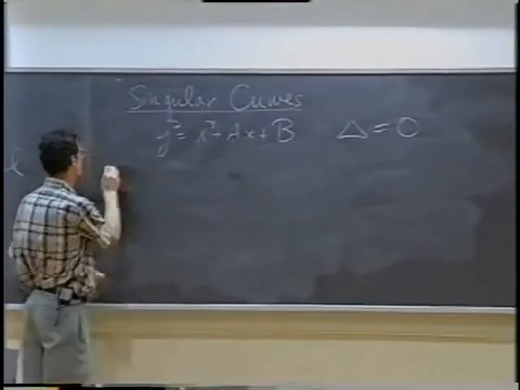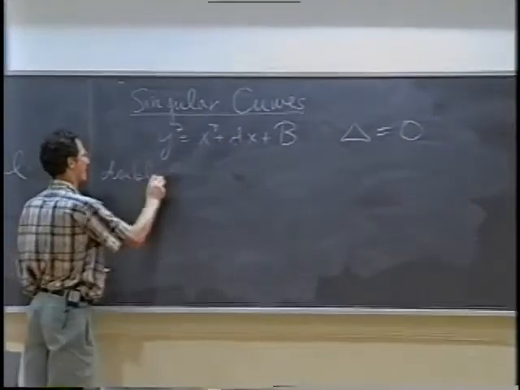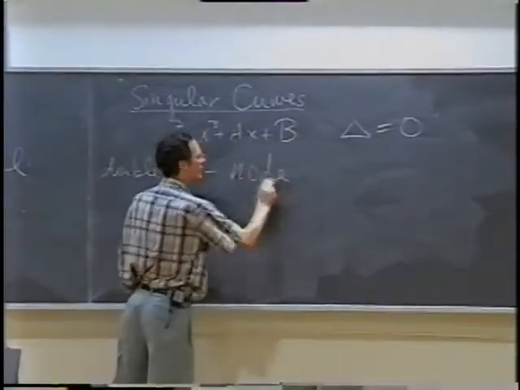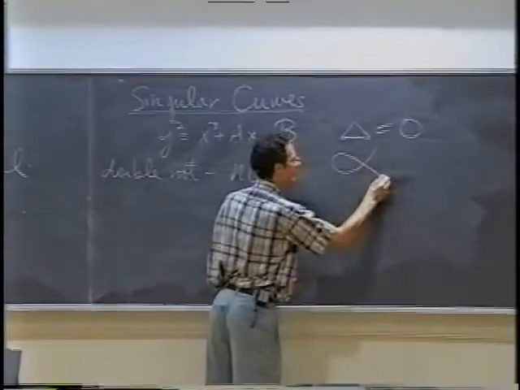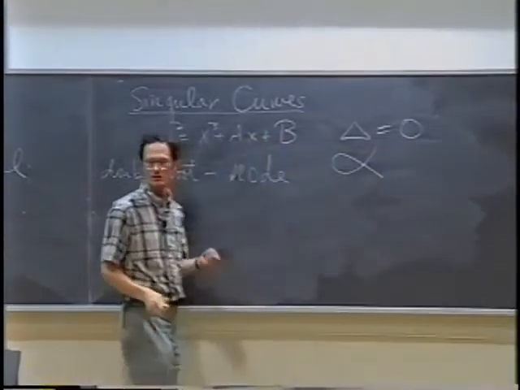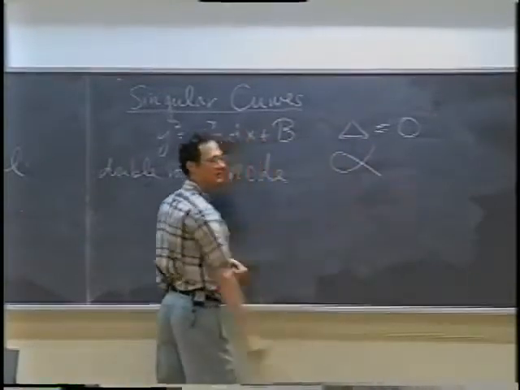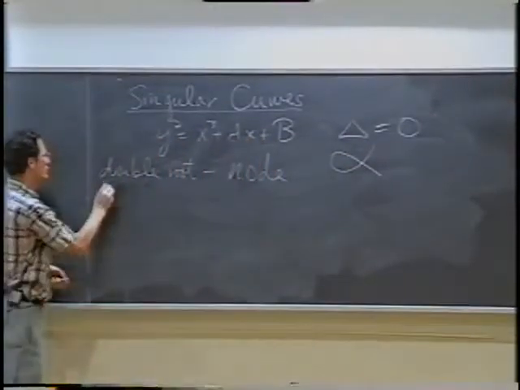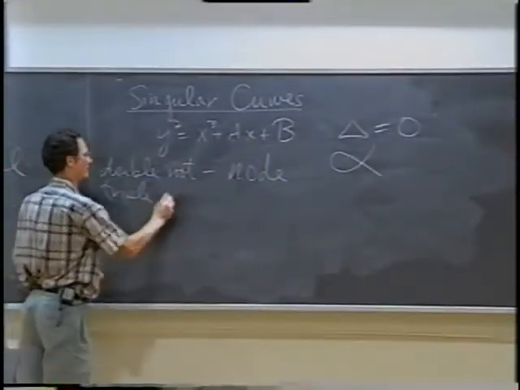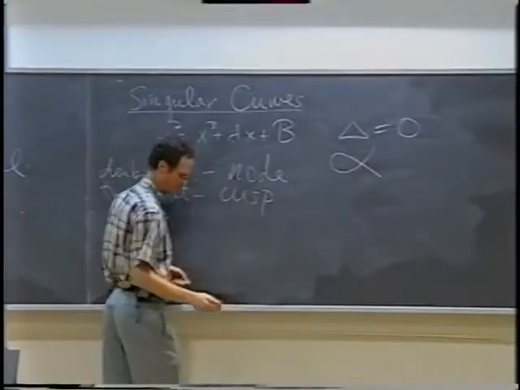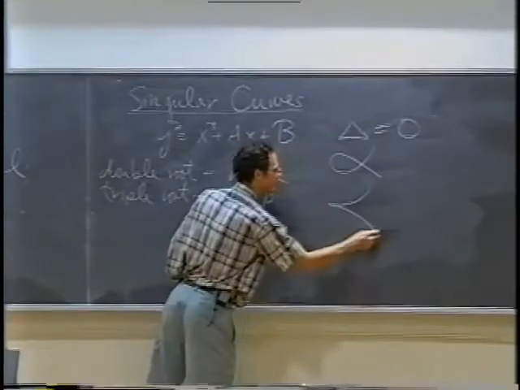So you either have a double root, in which case the curve has a node, with a crossing point where you have two distinct tangent directions, or you have a triple root, and in that case you end up with a cusp, which means it comes to a point.